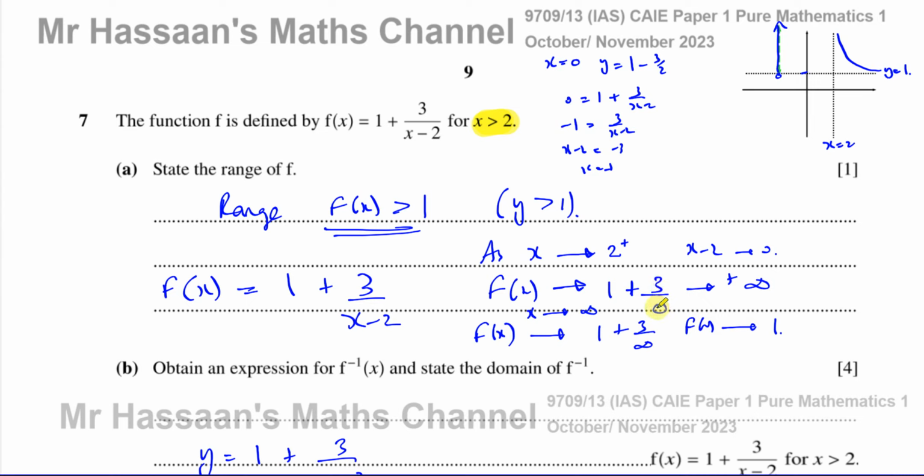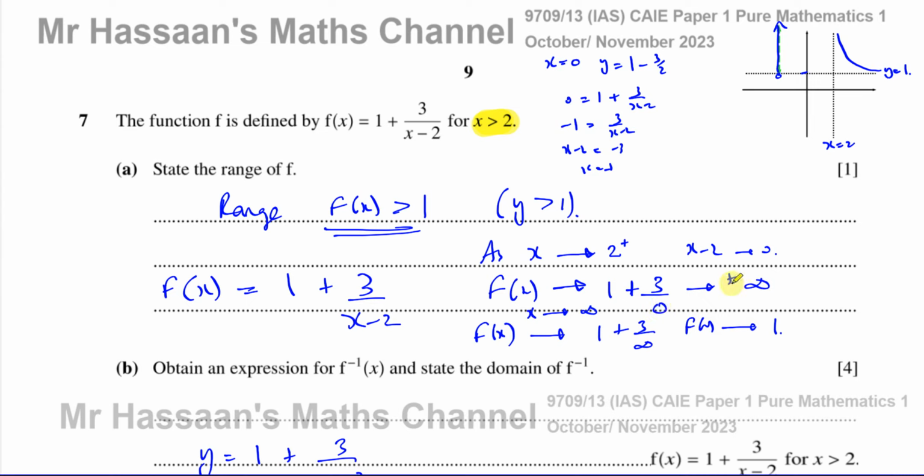If I divide 3 by, for example, 10, I get 3/10. If I divide 3 by 1, I get 3. It's getting bigger. If I divide 3 by 1/10, I get 30, which is even bigger. If I divide 3 by 1/millionth, I get 3 million. So the smaller this number becomes, the closer it gets to 0, the bigger the output is.